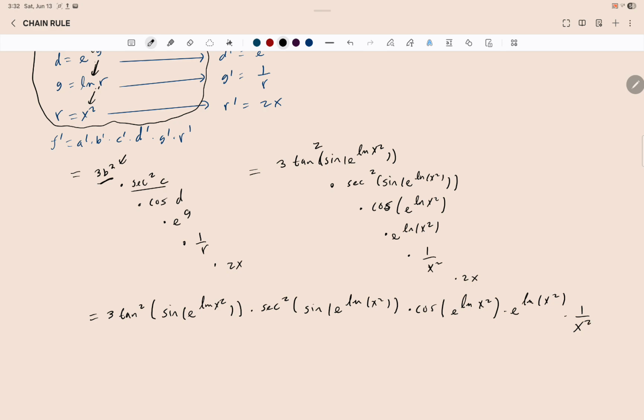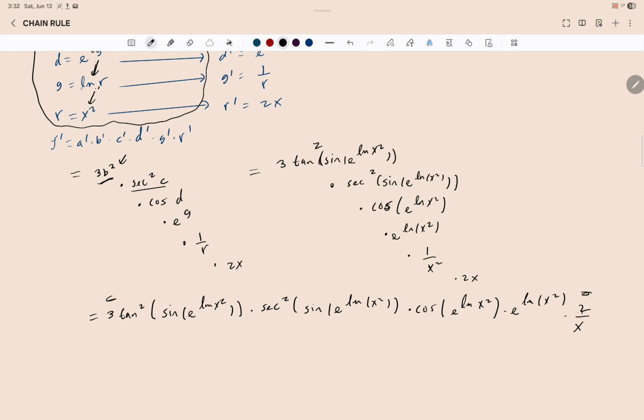And notice that here I have x squared and 2x, and they're multiplying, so I could simplify. So I'm going to cancel that out, and that's just a 2. So I could just write it right here. I could also multiply the 3 and the 2 together, which gives me 6.